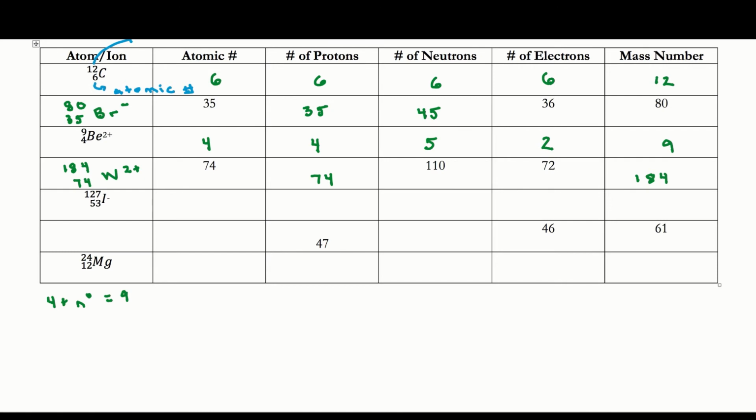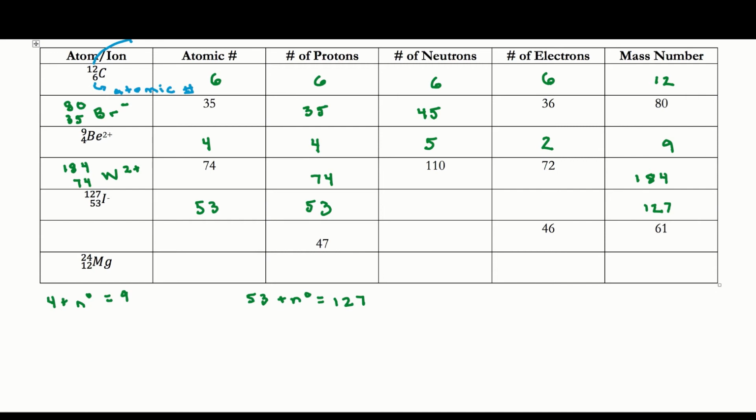Okay? Next one, iodide. Okay, my atomic number is 53. I've got 53 protons. Okay? My mass number is 127. So to determine your number of neutrons, remember it's going to be 53 plus your number of neutrons equals my mass number, which is 127.